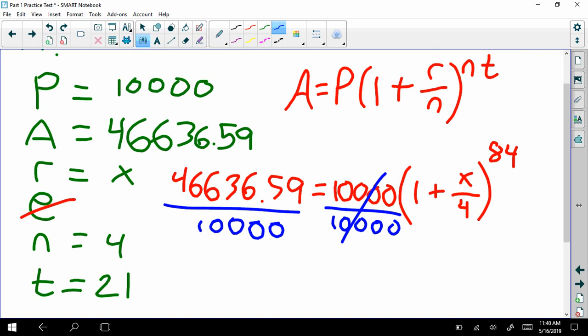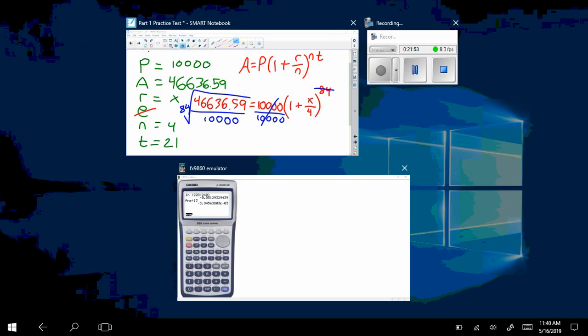We're not trying to solve for the exponent. That's the difference. Since we know the exponent is 84, you have to do a root. Since it's an 84, you have to do the 84th root to get rid of that 84. So you can type that in a couple of different ways.